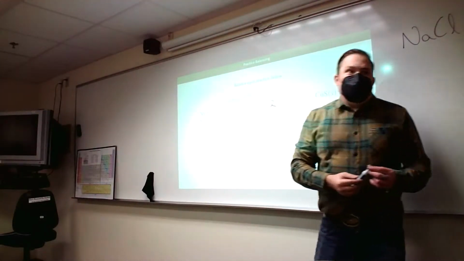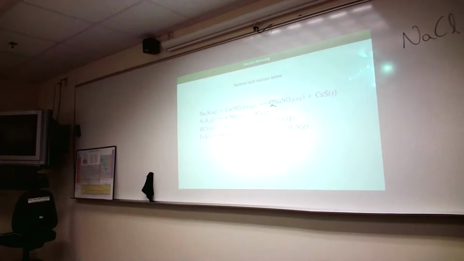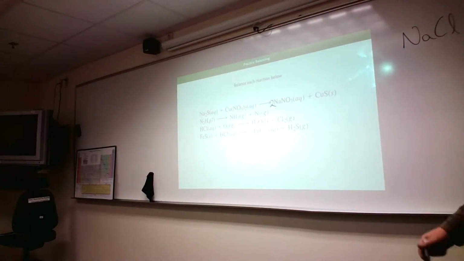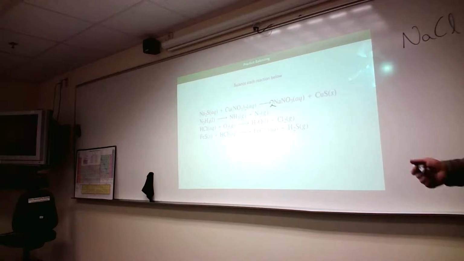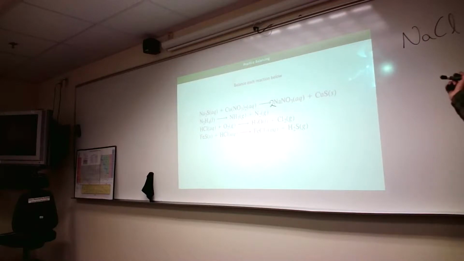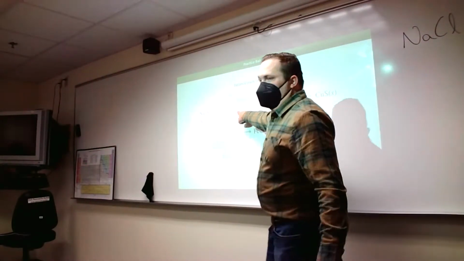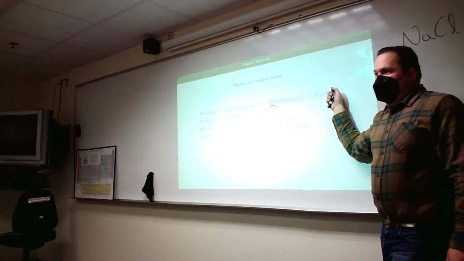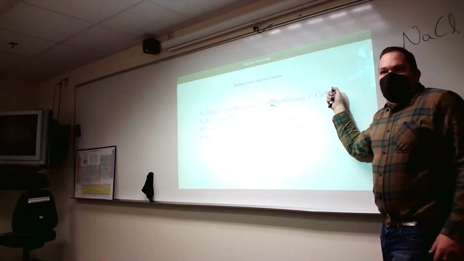Here's another trick: if polyatomic ions are not being broken up, if it's the same polyatomic ion before and after, you can just balance nitrates as one big group. You don't need to pull out nitrogen and oxygen. Because if all of our nitrogens on the reactant side are in the form of nitrate, and all of our nitrogens on the product side are in the form of nitrate, then everything's staying as nitrates.